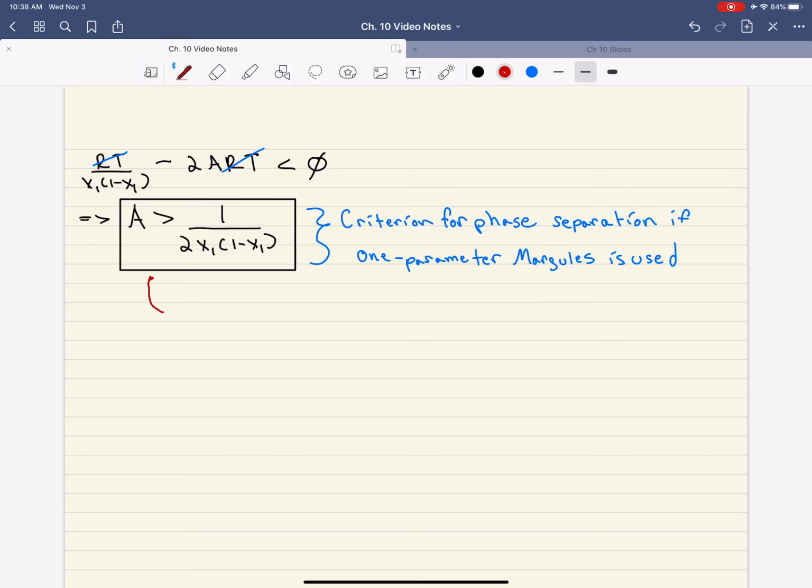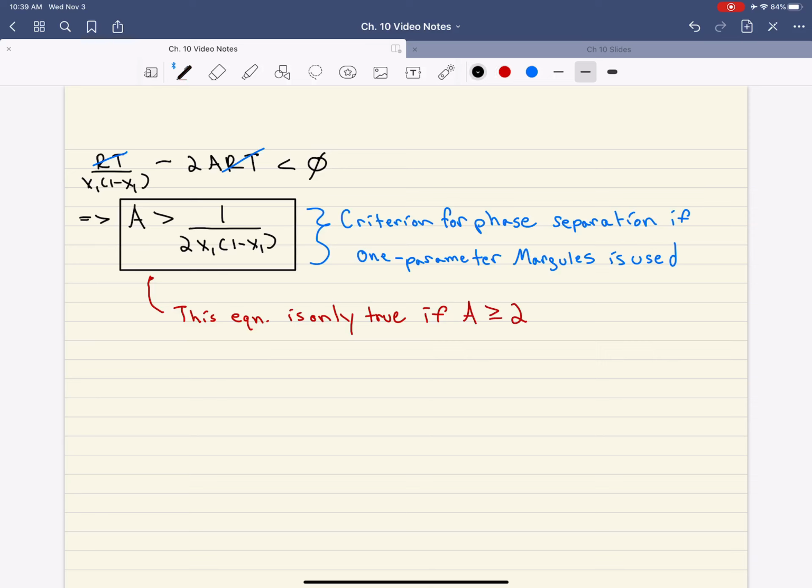In fact, if you play around with this equation and you try calculating when this equation would work, since we know that x1 has to be between 0 and 1, this equation is only true if your A value is greater than or equal to 2.